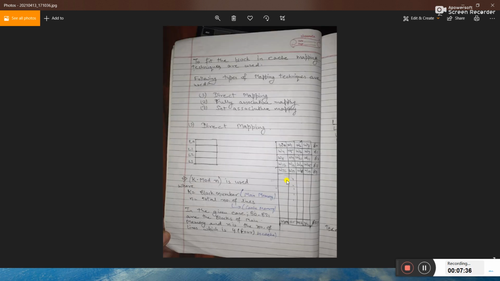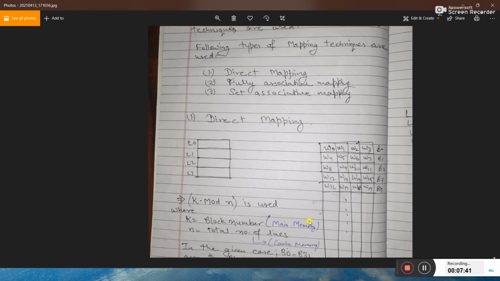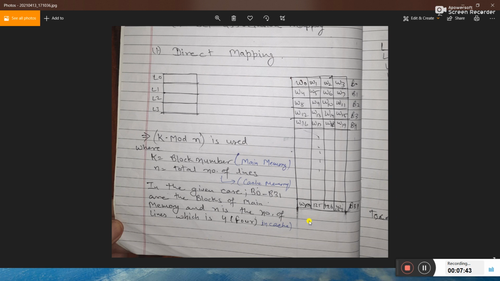So you can see W0 to W127. So there are a total of 128 words, right? And B0 to B31 are the total number of blocks, right?